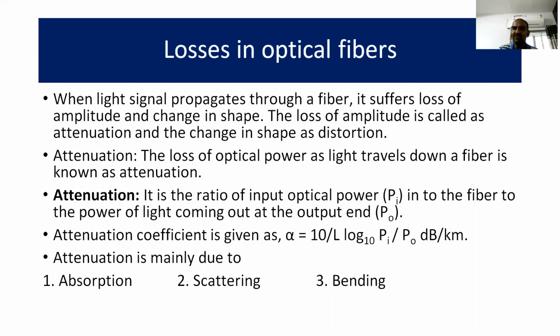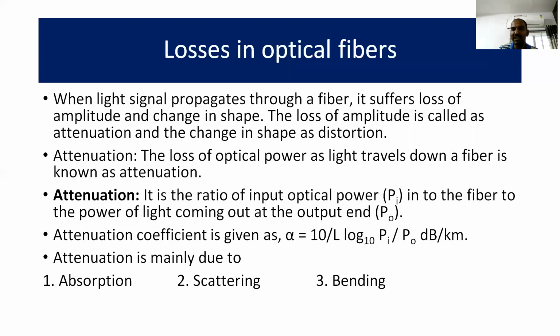Attenuation, the loss in an optical fiber as light travels down the fiber, is known as attenuation. In optical fiber terminology, attenuation is more specifically defined as the ratio of input optical power into the optical fiber to the power of light coming out at the output end of the optical fiber.